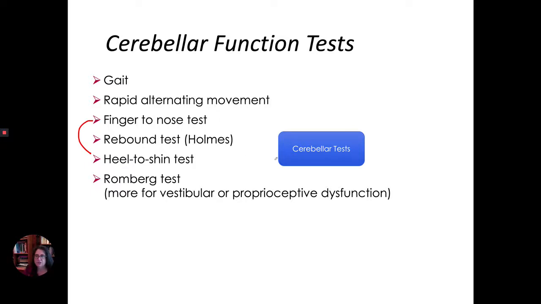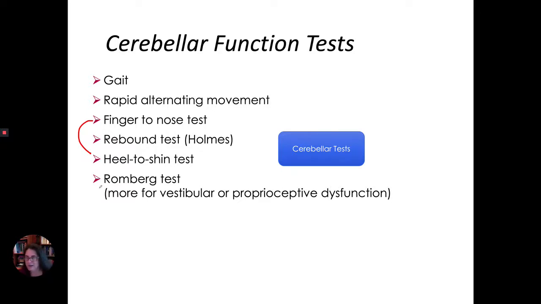The function tests that are shown in that video also discuss the Romberg test, which sometimes is done with a cerebellar evaluation, but really, you'll see what it does, but whether or not you have your eyes closed or not, if you have a cerebellar dysfunction, you're going to be positive anyway.